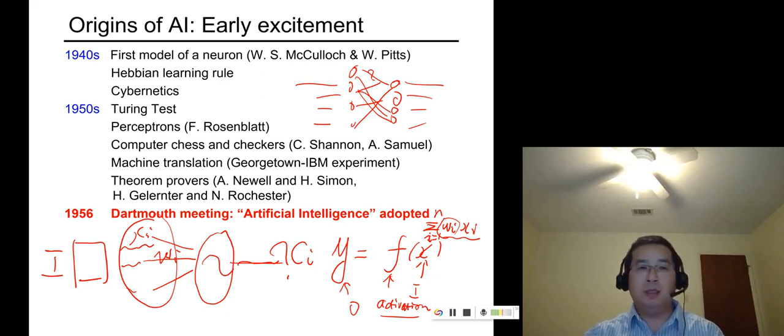That is enough. And then we have cybernetics. Cybernetics is about the study of control and communication. For example, in our human brain, what is the control? It is related to the communication and control of how our brain works. So at that time people already had an interest in the human brain.